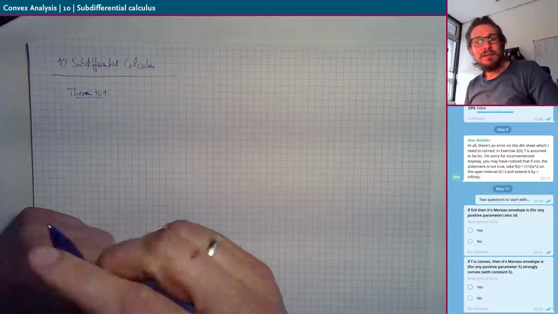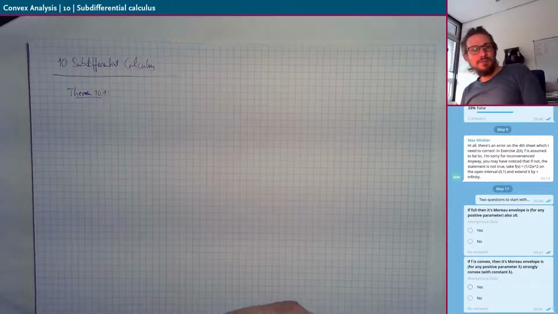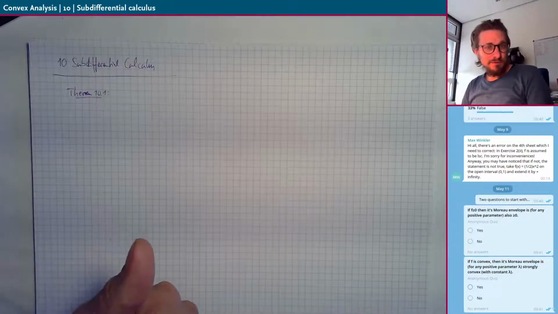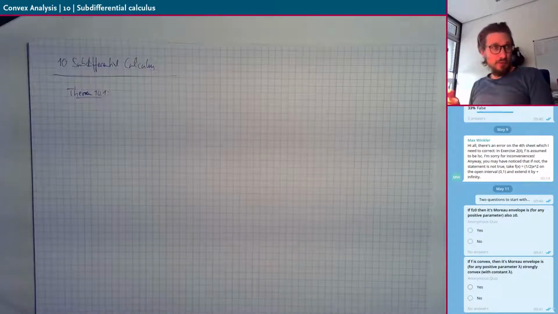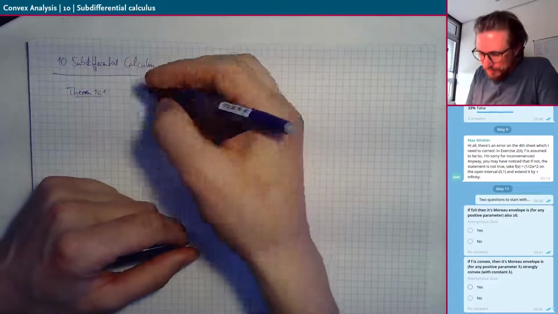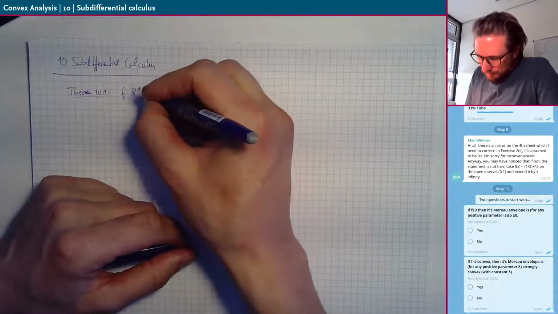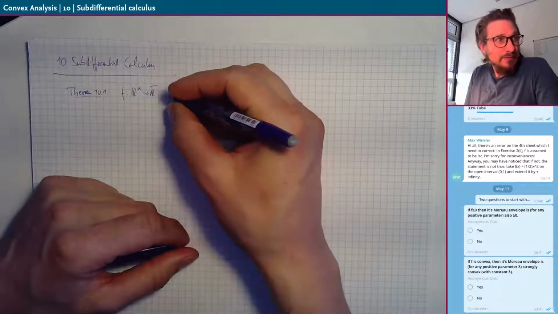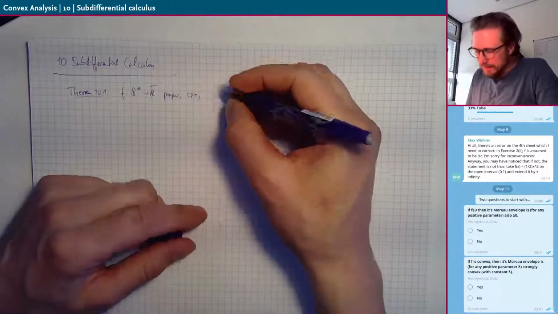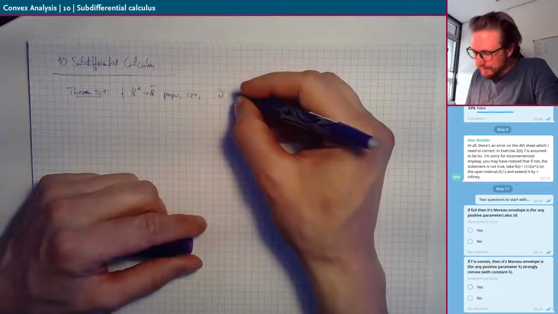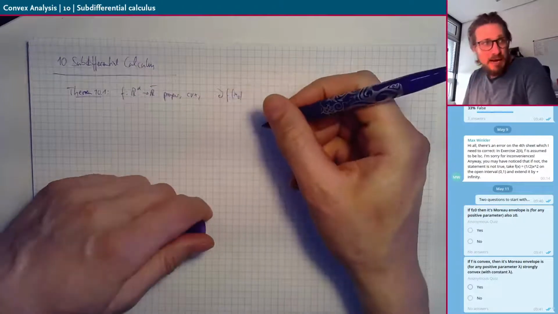You have already seen that at each point the set of subgradients of a convex and lower semi-continuous function is bounded and closed. So here we have another property. If we have a proper and convex function, then it holds that the subdifferential is not empty.